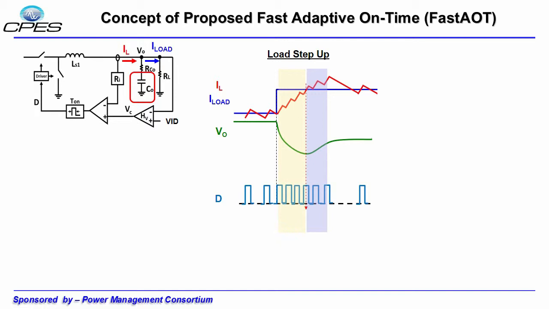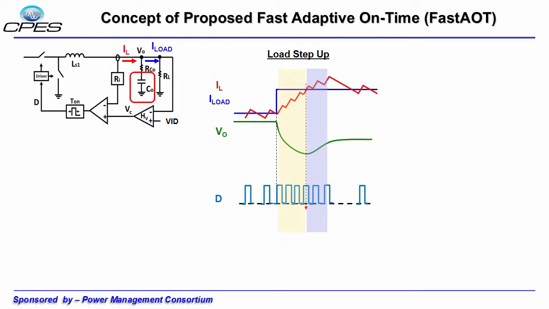Now we can understand very clearly that if we want to reduce the undershoot, we have to increase the IL increment slope in this yellow region. To do that, we can increase the on-time in this region, and also very importantly, we don't want to increase it after this point, which is the blue region, to avoid any chance of overcorrection or ringback problem.